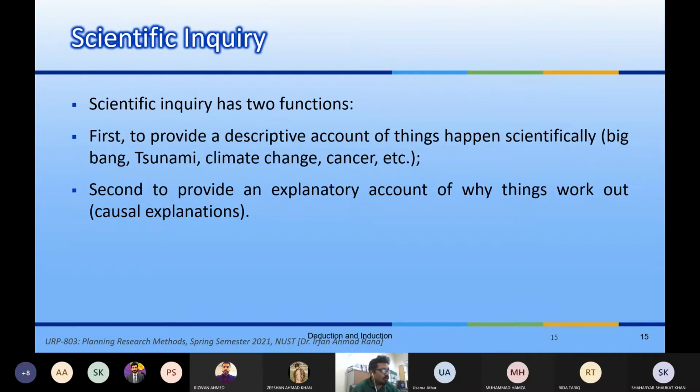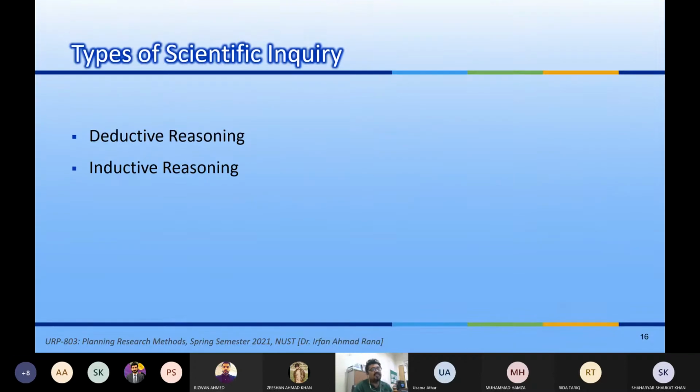That is the descriptive approach, and then we're talking about why this is happening. That is a causal approach. Based on these two approaches, we have two scientific approaches, which are called inductive reasoning, or the inductive way of logic, and the deductive way of thinking, also called reasoning or logic. These are basically logical approaches to science.